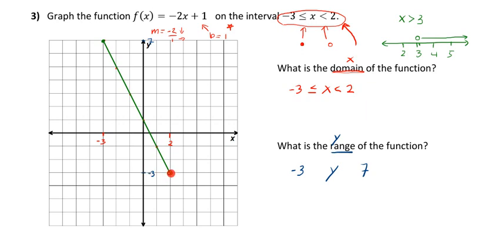No, because the circle is open, so it's greater than -3, and 7 is included, so it's less than or equal to 7. So the values of y are greater than -3 and less than or equal to +7. So that's the range.